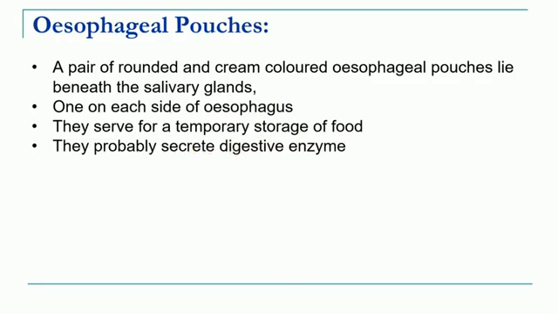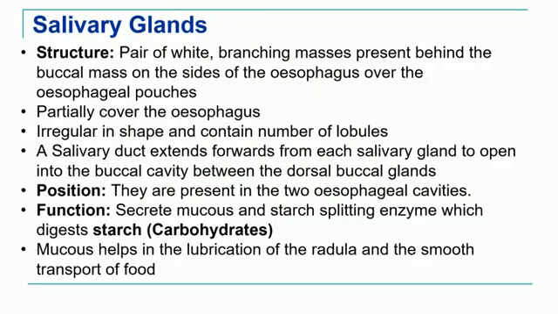Now we come to the third and the most important type of digestive gland, which is known as salivary gland. If we see the structure of the salivary gland, they are also paired structures. They are a pair of white colored branching masses present behind the buccal mass on the side of the esophagus.